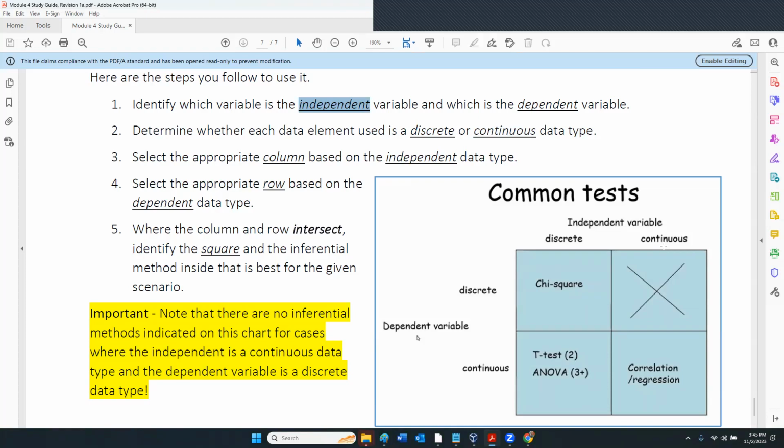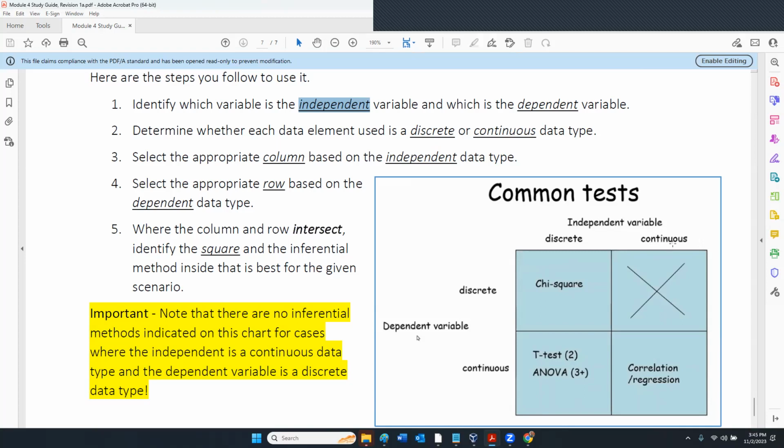And then I'm looking at the row based on the dependent data type. The dependent data type is discrete in this case. So I select the appropriate column based on the independent data type, whether it's discrete or continuous.